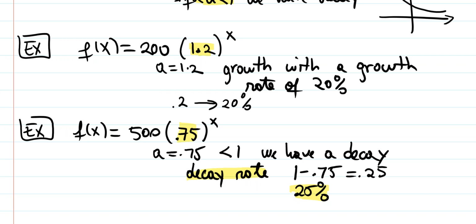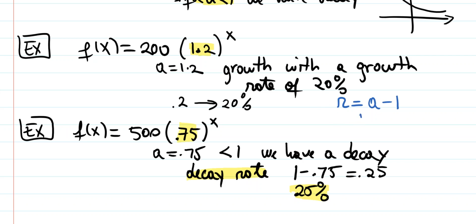So in general, if you have a growth factor, a, the rate is going to be your factor a minus 1. That's how we got the 20%.